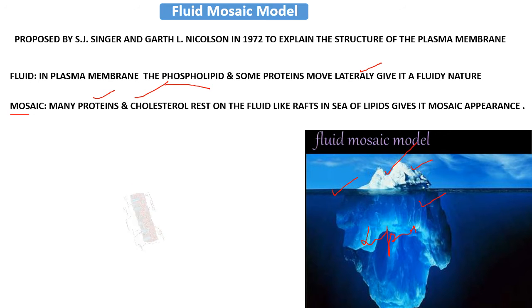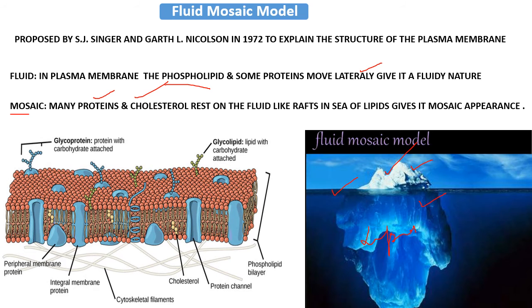The detailed structure of the plasma membrane is like this. It is made up of a lipid bilayer, that is two layers of lipid. One layer is this, the second layer is this. The phospholipid is a polar molecule. It has a polar head and a hydrophobic tail.